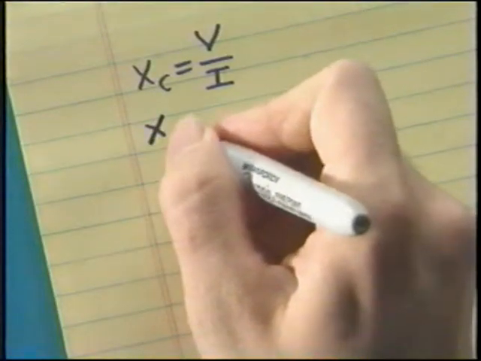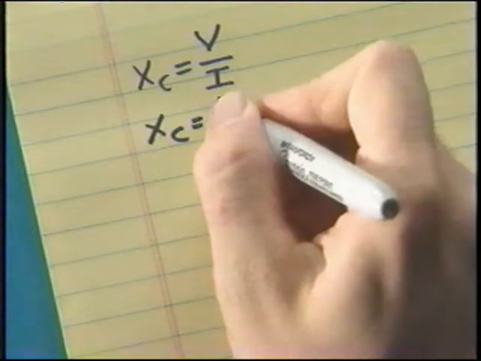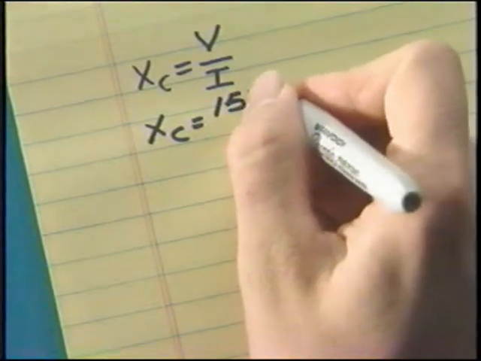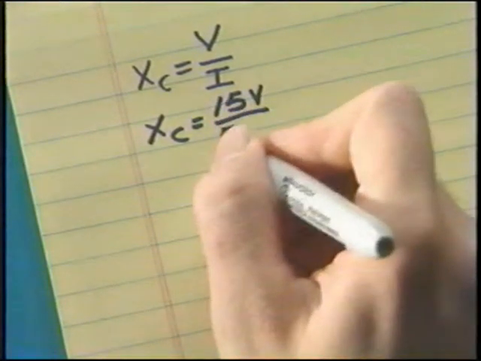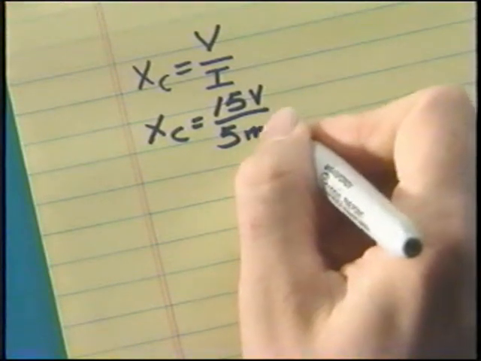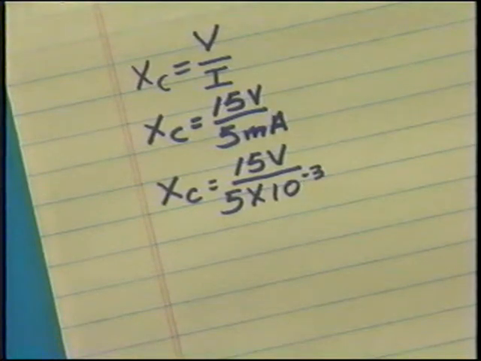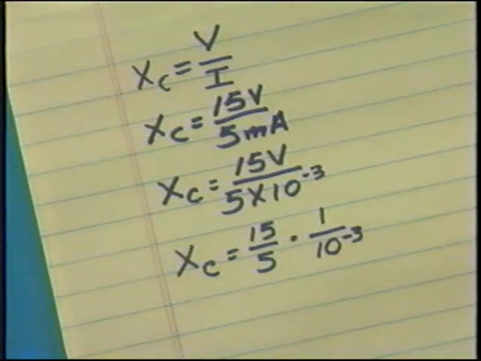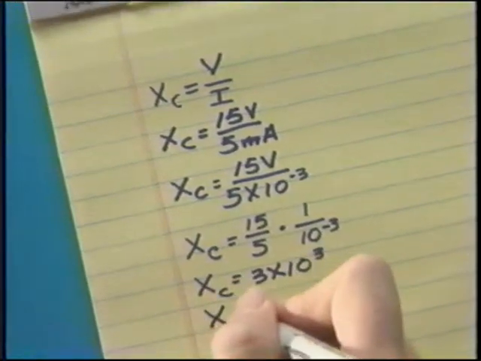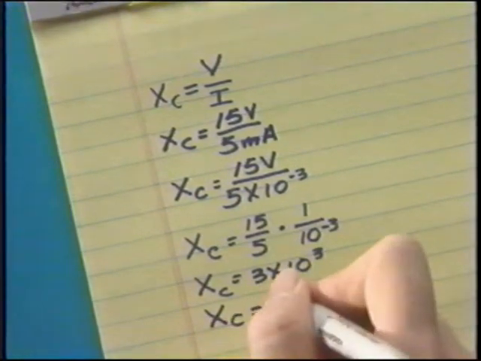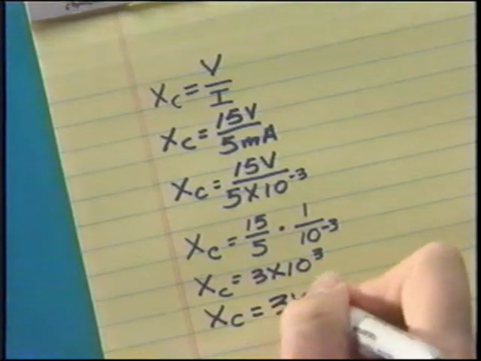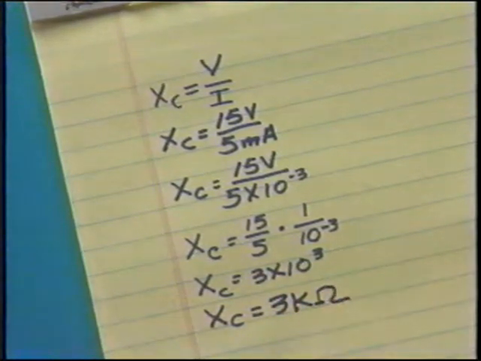Substitute the values into the formula X sub C equals V divided by I. The formula becomes X sub C equals 15 volts divided by 5 milliamps. 5 milliamps is the same as 5 times 10 to the minus third. This can be rewritten as 15 divided by 5 times 1 over 10 to the minus third. The division yields X sub C equals 3 times 10 to the third, or 3 kiloohms for the capacitive reactance.